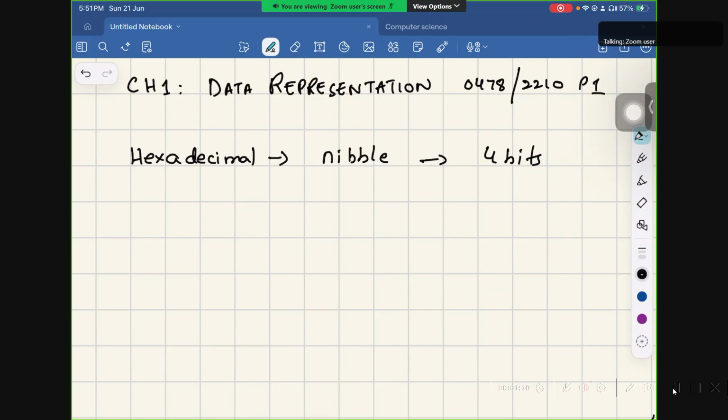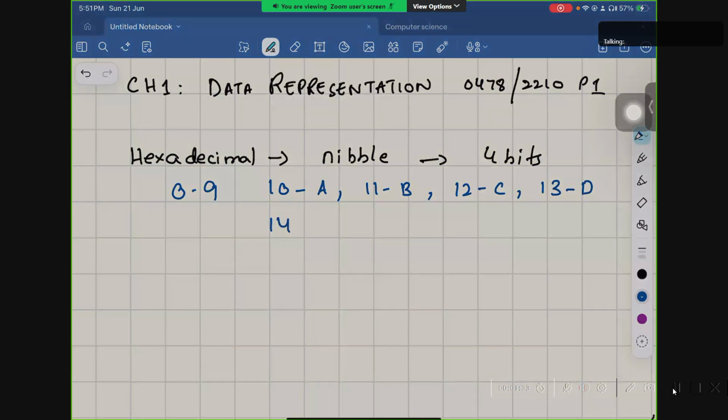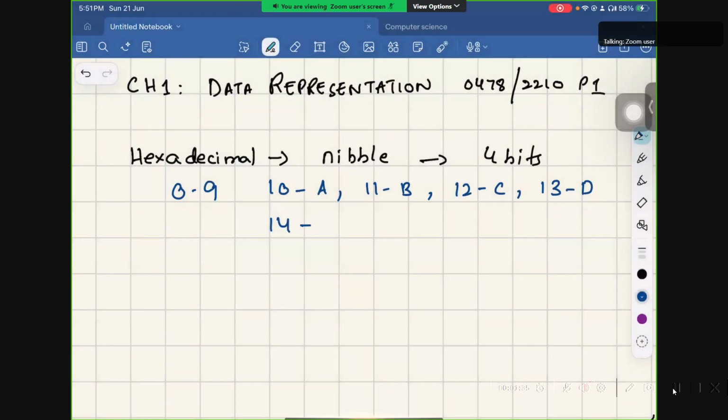From 0 to 9, it remains the same as decimal numbers. But as soon as we reach 10, it will be represented as A. 11 will become B, 12 will become C, 13 will become D, 14 will become E, and 15 will become F. So from 0 to 9, it is the same.